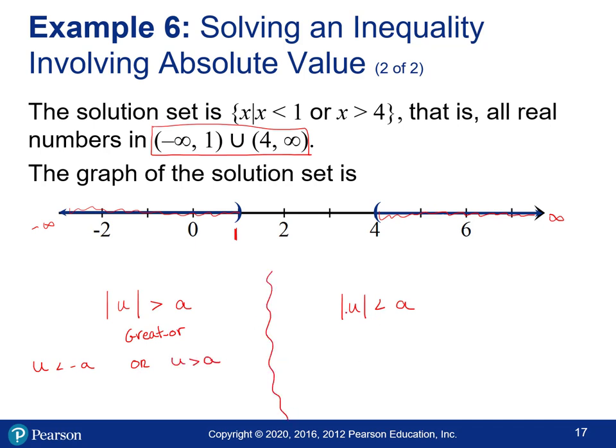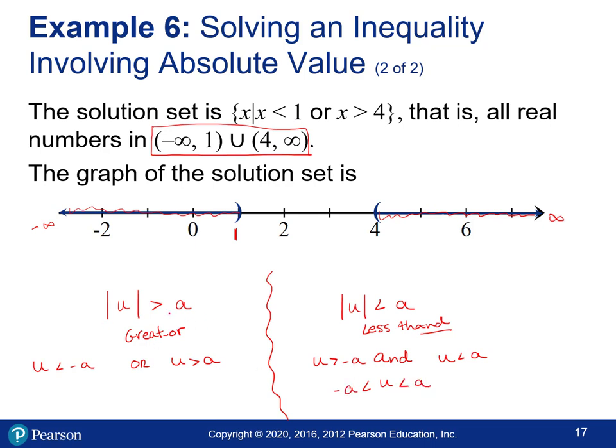And then when the absolute value of u is less than a, what they said to say was less than, put an and on the than, so that's an and situation. So u is greater than -a and u is less than +a, which when you put those together, that's just u is between -a and +a.